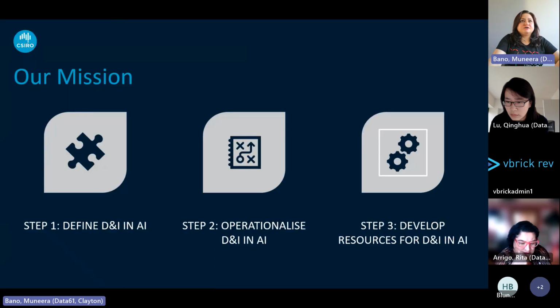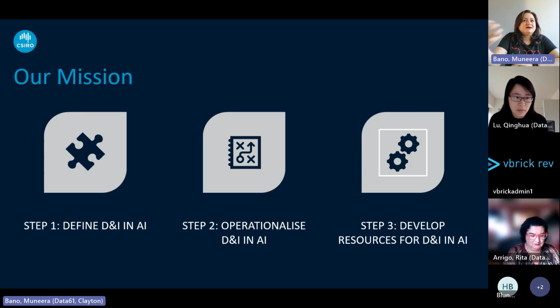So with this in mind, our mission was that, first of all, we wanted to have a very clear understanding of what D&I in AI means. Then we want to operationalize D&I in AI: the ethical principles coming from the social context, how to make them into a resource that is implementable for the practitioners.